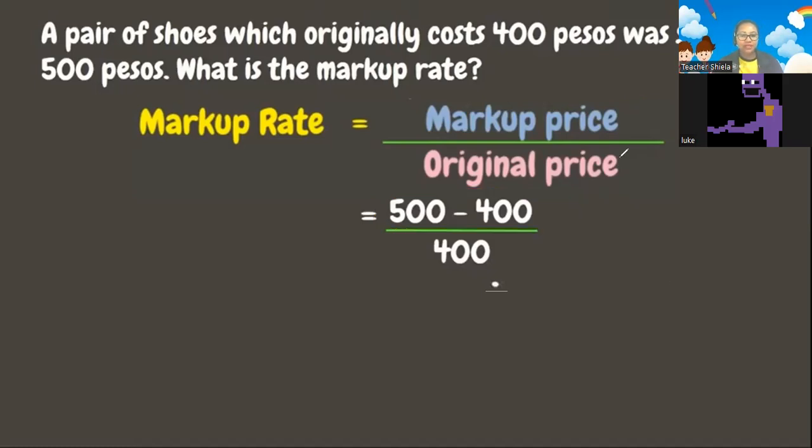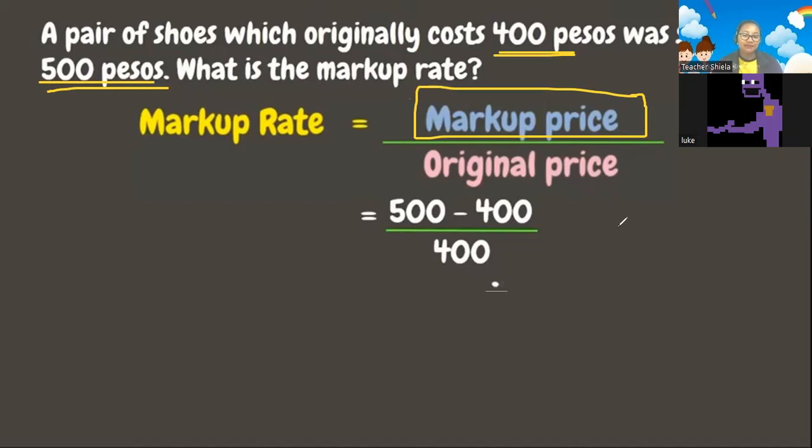Okay. Remember that we are only looking for the markup price. The markup price is just the added profit, right? So if the original price is 400 and it was sold for 500 pesos, it means that he added 100 pesos, which is the markup price.